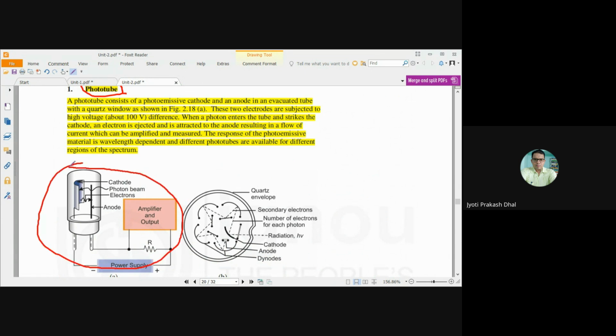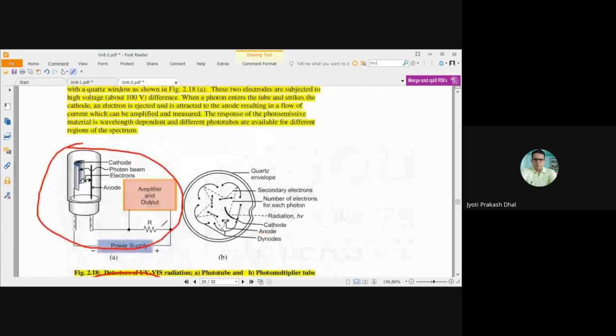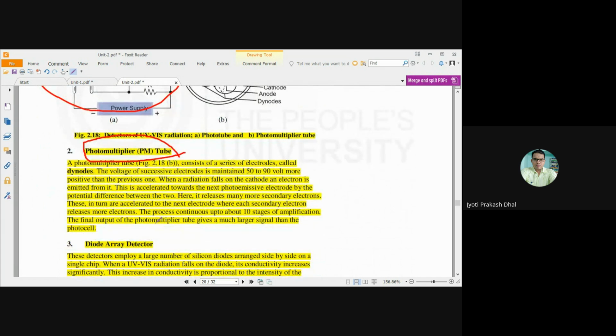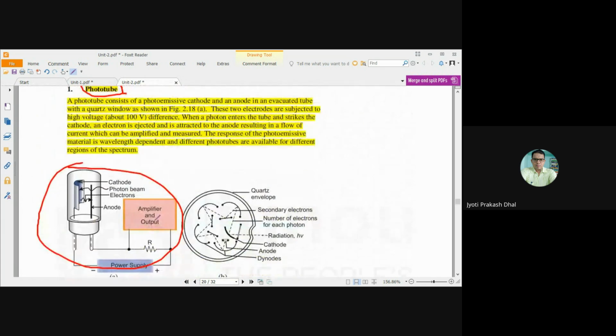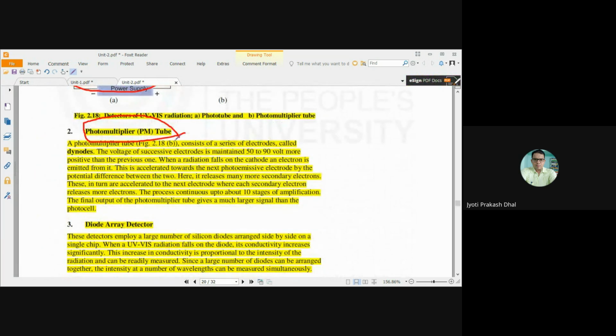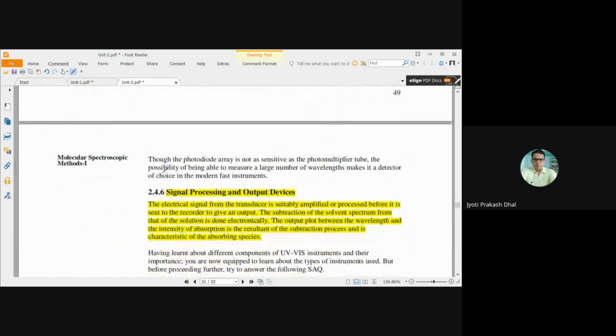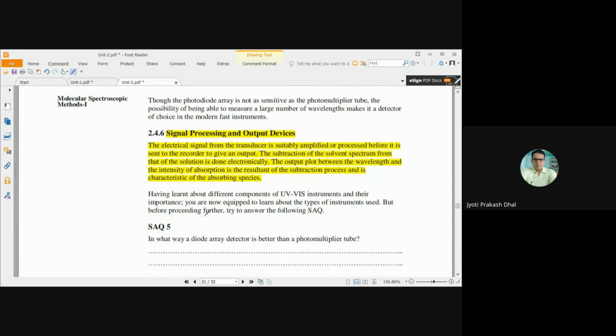So that is the evacuated tube, and that will detect the radiation. The different types of detectors are phototube or PMT, that is called photomultiplier tube, and diode array detectors are nowadays used.